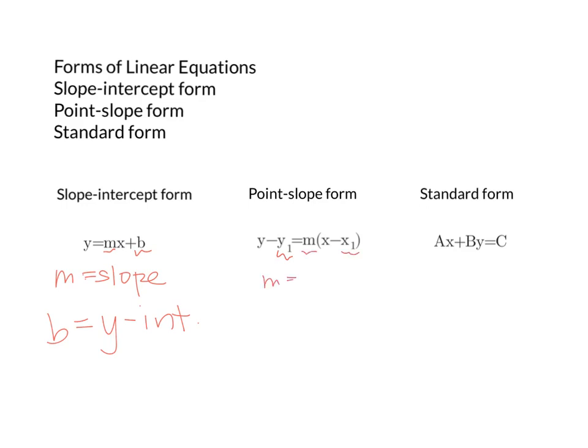M is again the slope, and (x1, y1) is actually a point on the line. So we have a slope and we have a point. In standard form, A, B, and C are all changed out. They're all integers. None of them represent anything explicit on the graph, but you can solve for y to find them.